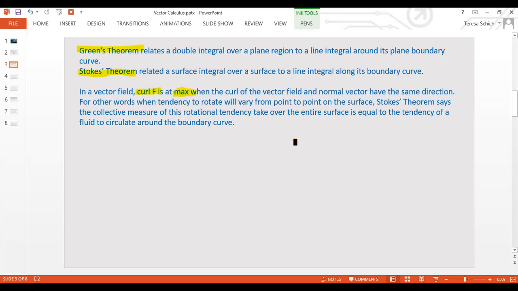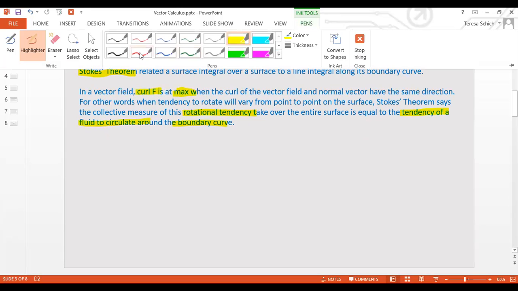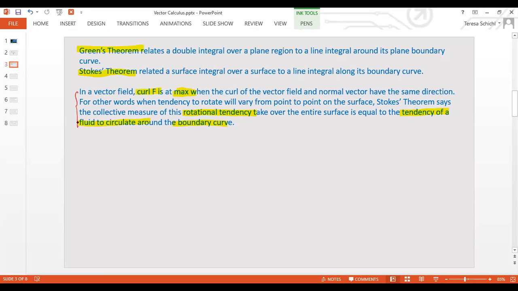Stokes' theorem says the collective measurement of the rotation tendencies over the surface equals the circulation of the fluid around the boundary of the curve. That is the physical meaning of Stokes' theorem.